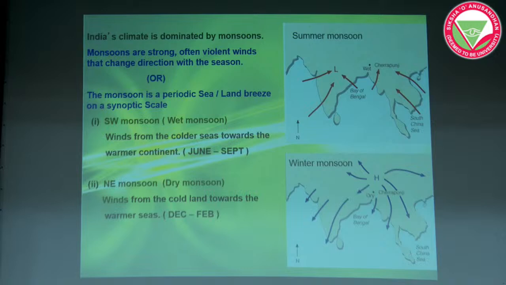At that time the wind comes generally from the southwest, so we call it the southwest monsoon. The other is the winter monsoon, which affects the south more, Tamil Nadu and that part. They get less rain in the summer monsoon, but in the winter monsoon they get rain when the wind comes from the northeast.